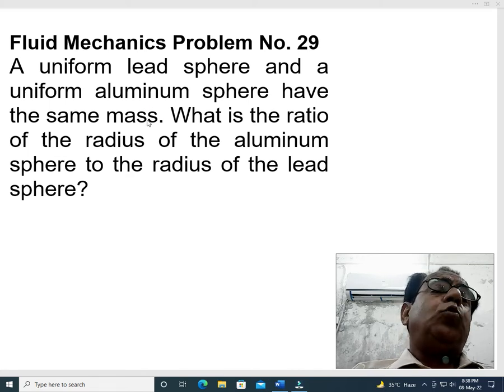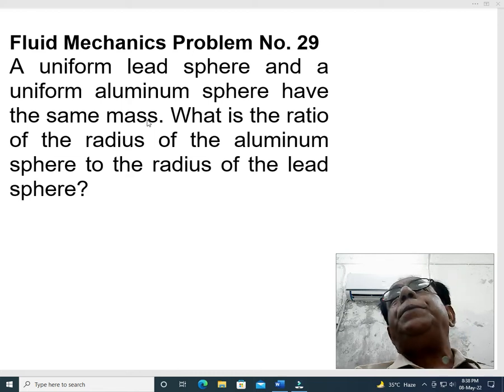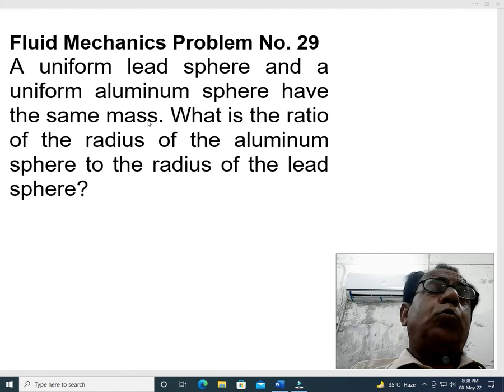Then we will come towards the point that the volume of a sphere is 4 by 3 pi r cube. Actually, the formula for calculating volume varies from geometrical shape to geometrical shape.